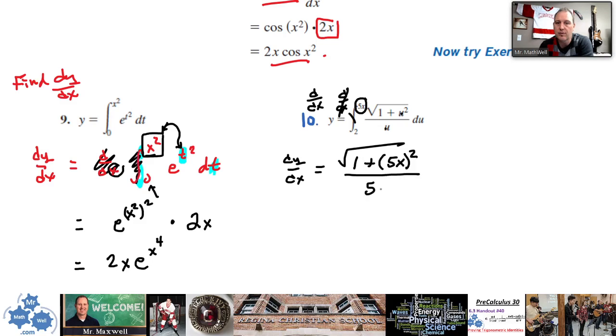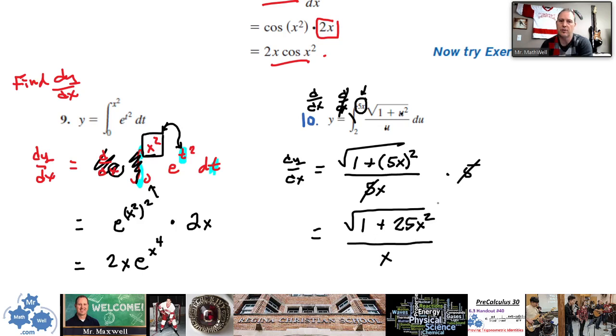You just plug that right in there. Times the derivative of 5x, which is 5. So we should simplify that. So it's the square root of 1 plus 25x squared over x, because the 5 and the 5 cancel out.